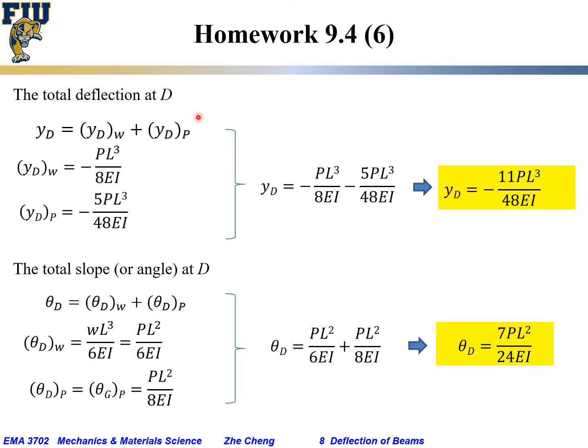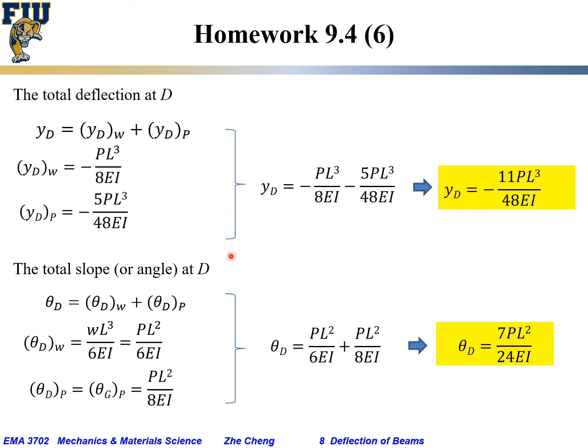So the last step would be superposition of the two effects. The total deflection at D would be the deflection at D caused by the distributed load W plus the linear addition of the deflection at D caused by the concentrated load. From previously, the distributed load gave us minus PL cubed over 8EI, because it's going down, and the concentrated load caused a deflection of minus 5 over 48 PL cubed over EI.